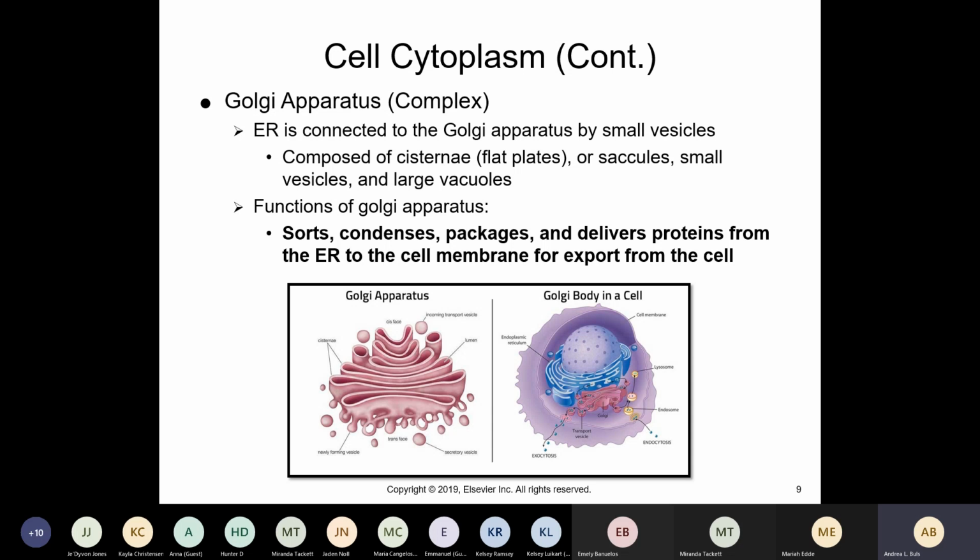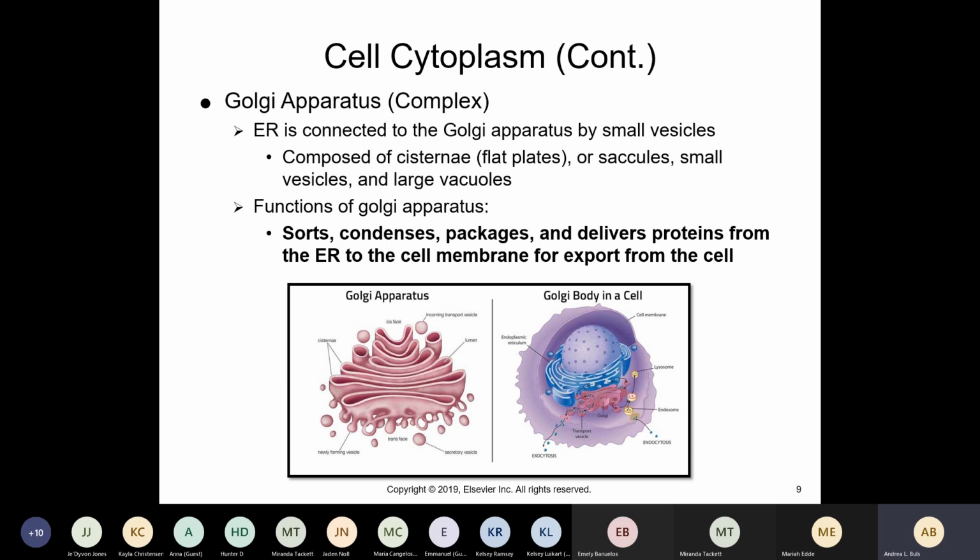The Golgi apparatus is sometimes called the Golgi complex, and the endoplasmic reticulum, that little layered guy down here, is connected to the Golgi apparatus by small vesicles. It is composed of cisternae, or flat plates, or saccules, small vesicles, and large vacuoles.